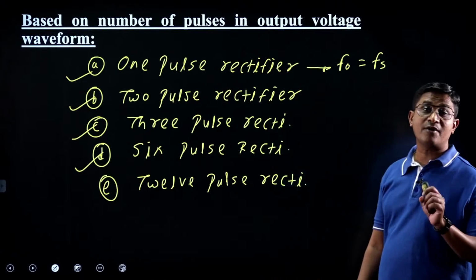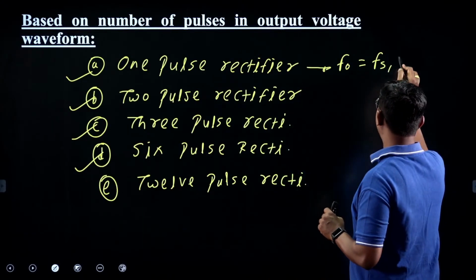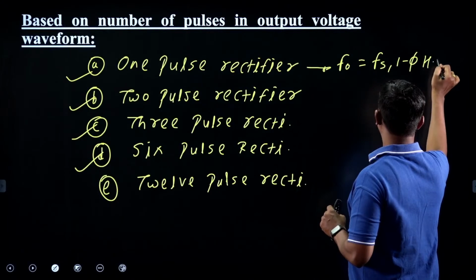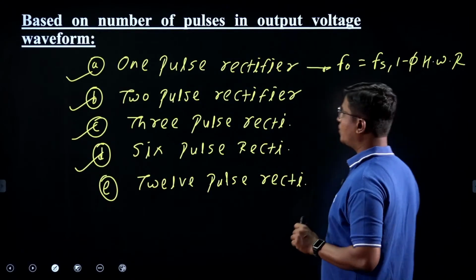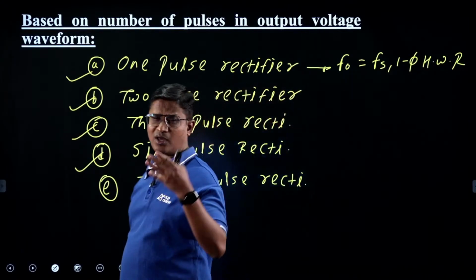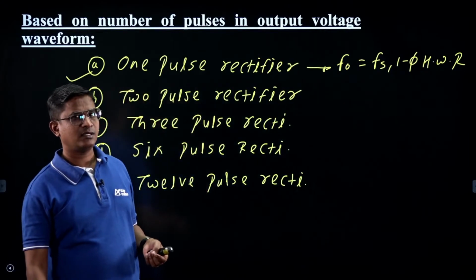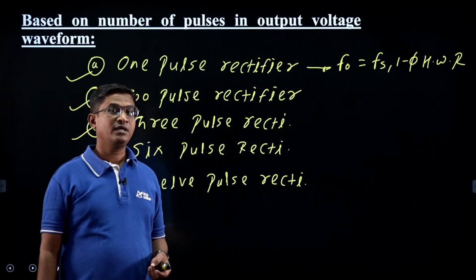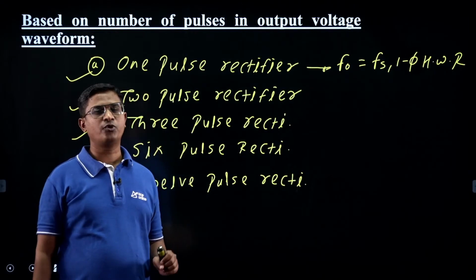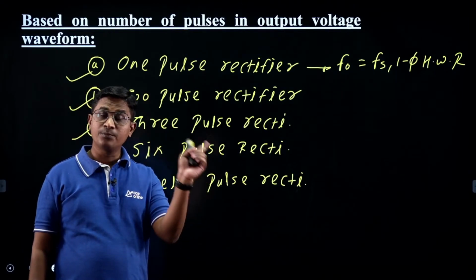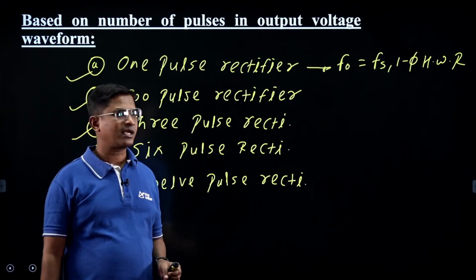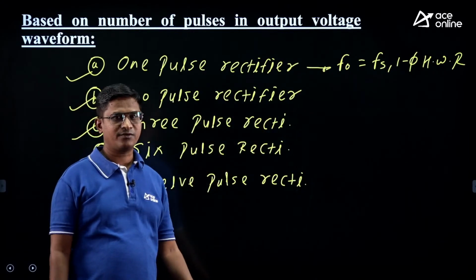Your single phase half wave rectifier. You can recall, the single phase half wave rectifier gives only one pulse in output for one input cycle.